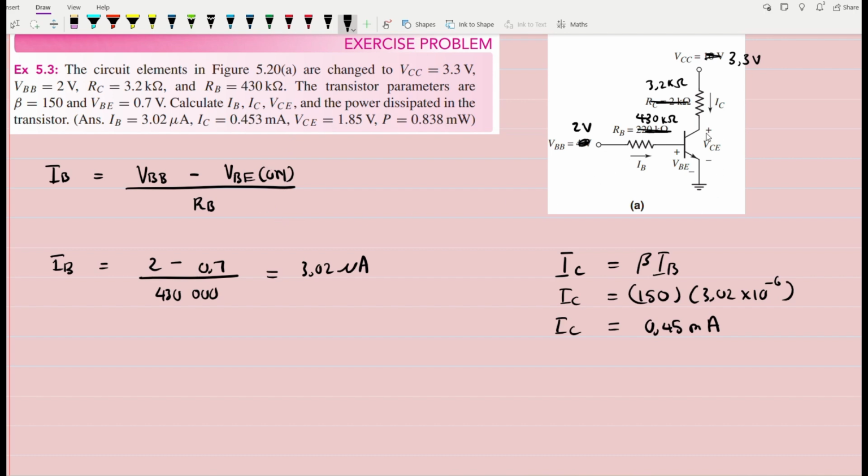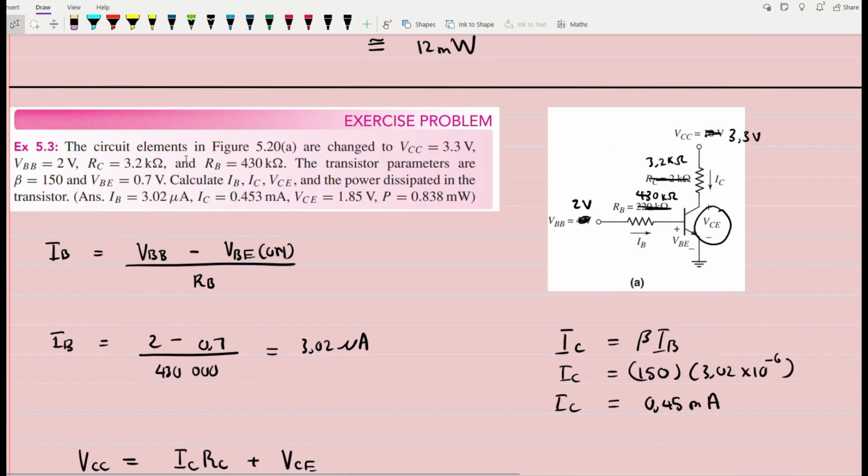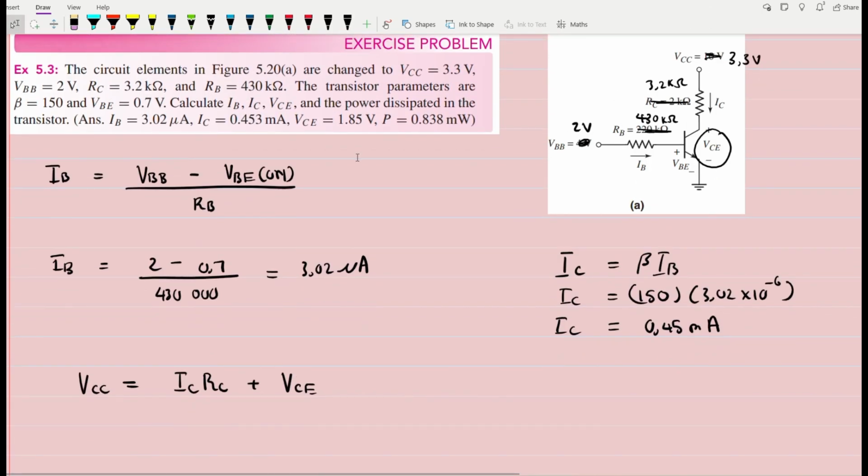Moving on, we have to calculate VCE. We have to find this value. To find VCE, VCC, this value right here, is equal to IC, the value we just found, multiplied by RC plus VCE. We already have VCC, which is 3.3.